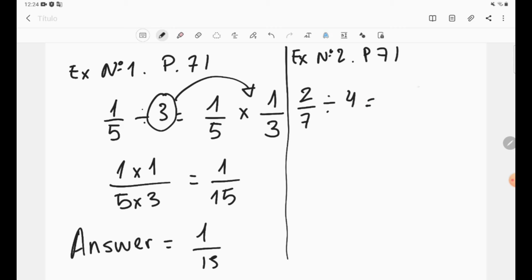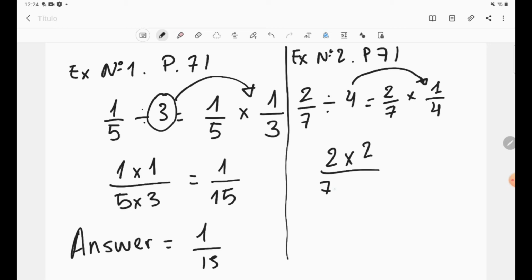The same as before, 2 over 7 multiplied by the reciprocal of this whole number, which is 1 over 4: whole number in the denominator and number 1 in the numerator. So let's do this.